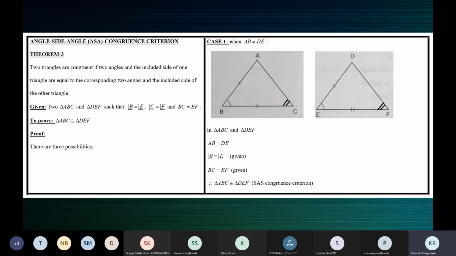We're going to show that if two triangles exhibit this information, angle B equals angle E, angle C equals angle F, and BC equals EF, then they are congruent. So ASA is a valid congruence criterion because we have information regarding two angles and the included side.